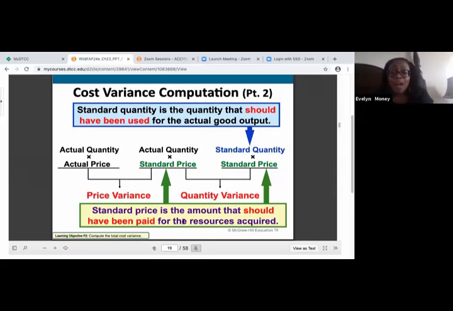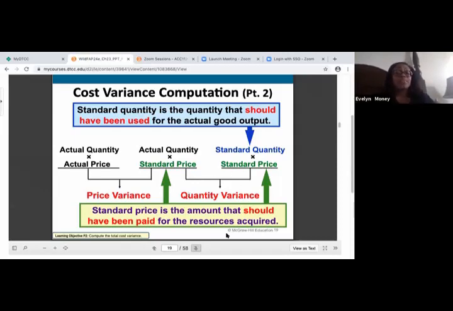We can further isolate this by looking at quantity. So now look at what's in common here. Now I have standard price for both of these, but quantity is what is changing, actual quantity versus standard quantity. And again, we're going to subtract this number from this number. And that's going to tell me what portion of my overall difference was because we used more than what we planned to use.